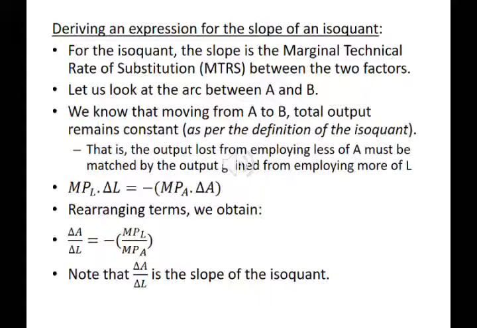But at the end of the day, they should be equal to each other because the output level has not changed. We're going to arrange these terms, and we're going to get delta A over delta L, which is the slope of our curve, should be equal to minus MPL over MPA. And this is the marginal rate of technical substitution.